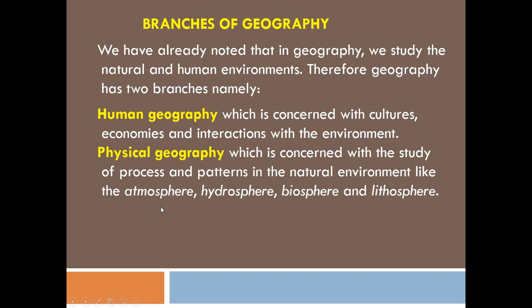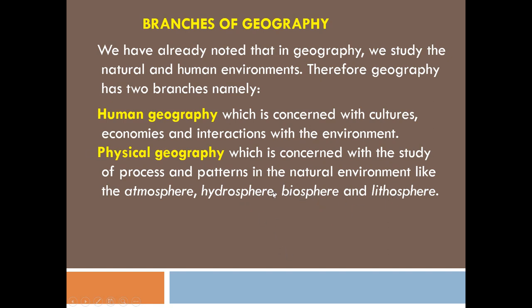What do we find in the atmosphere? Some places are sunny sometimes, others are cloudy. All those aspects, we find them in the atmosphere. Some places are rainy, in some areas they are windy. All those aspects, we look at them in the atmosphere. Then the hydrosphere, I said water, the vegetation, and then the land.